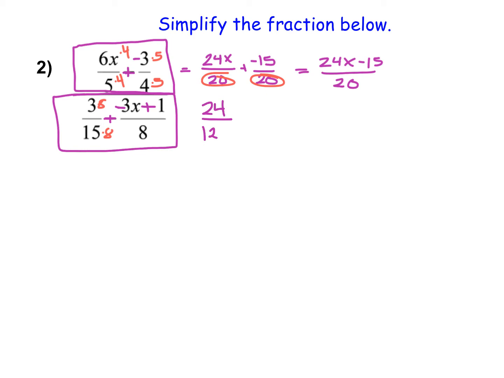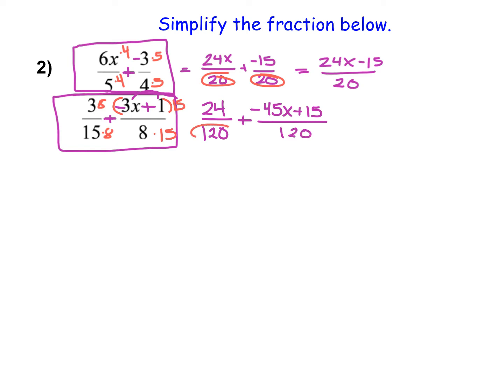over 120. And then I'm going to multiply this entire numerator by 15, as well as the denominator by 15. So this becomes, if I distribute the 15 in there, a negative 45x plus 15 over 120.